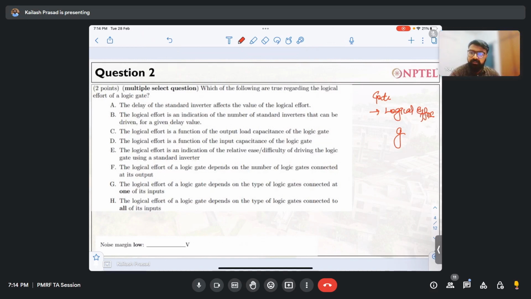E. Okay, I have an argument E is one of the things. It's a multiple select question. Do you think any other answers are there? Anybody else? Anyone?